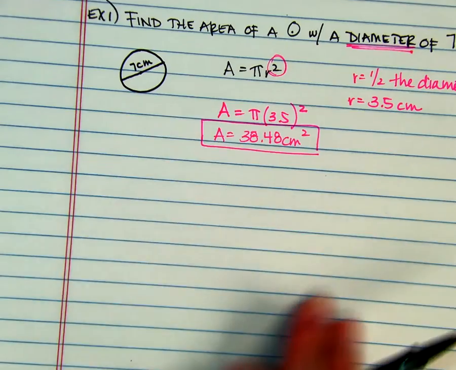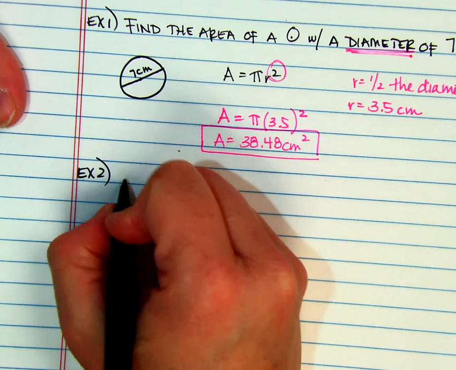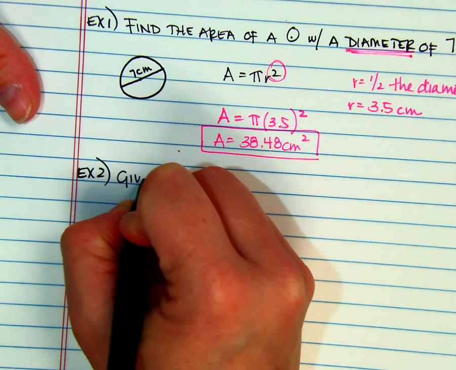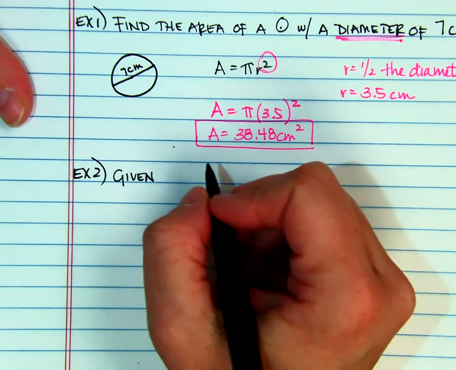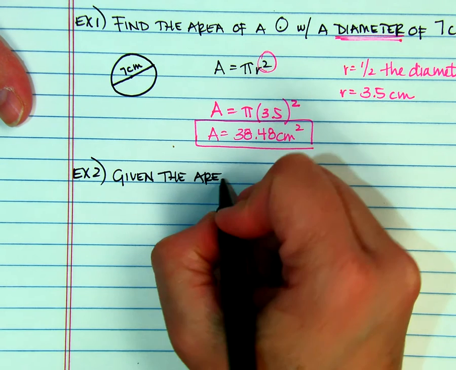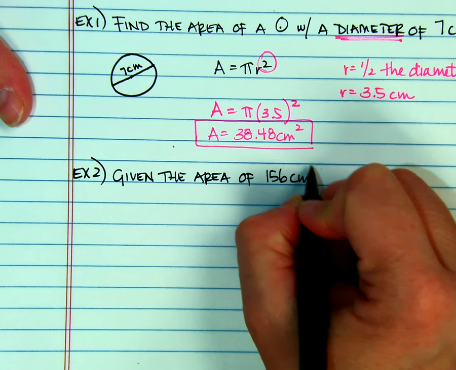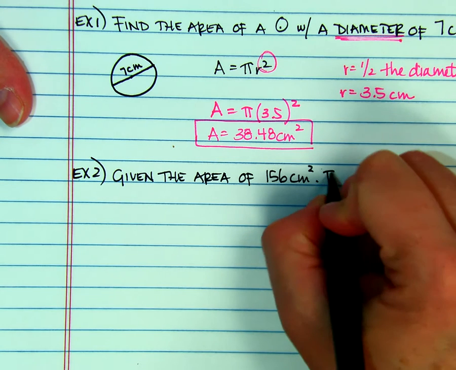Example 2. This one we're going to work backwards. So you are given the area of 156 centimeters squared. Find the diameter.